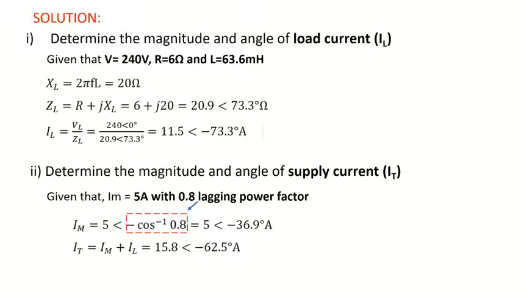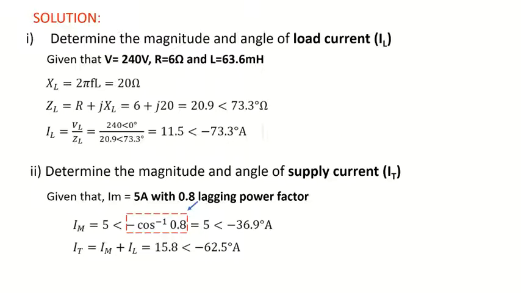Then you get ZL. Because in the coil load you have resistance and reactance of inductance, ZL is R plus jXL.